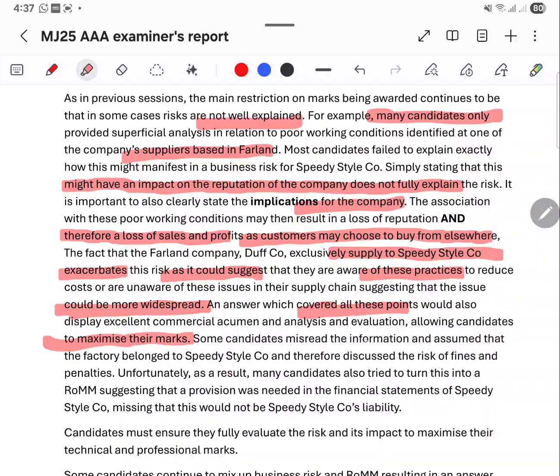Some candidates misread the information and assumed that the factory belongs to Speedy Style Company and therefore discussed the risk of fines and penalties. Unfortunately, as a result, many candidates also tried to turn this into a risk of material misstatement, suggesting that a provision was needed in the financial statements of Speedy Style Company, missing that this would not be Speedy Style Company's liability.